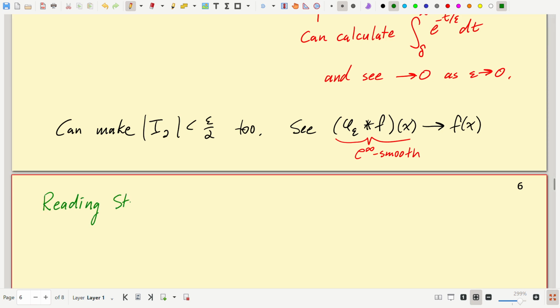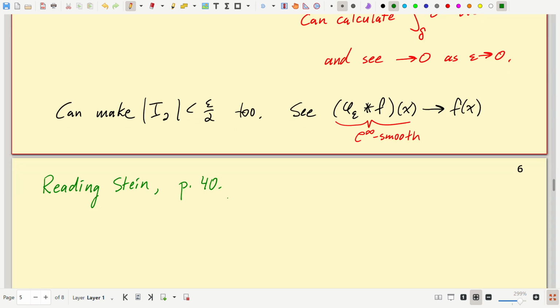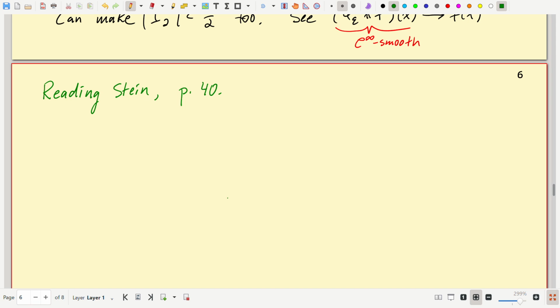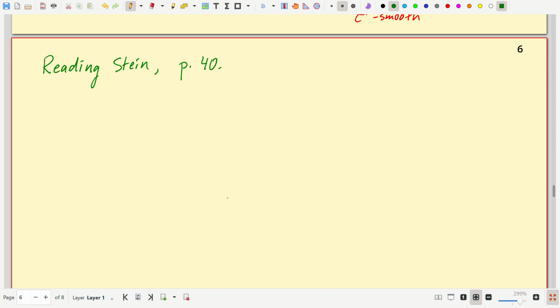So if you tried to read Stein, he did a very similar thing. Reading Stein on page 40, he wants to cook up a bump function, like this good kernel, using trig functions. It's kind of a neat trick. I've got minus pi over 2 to plus pi over 2.